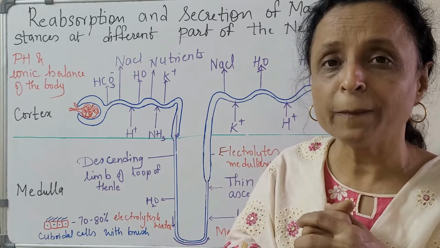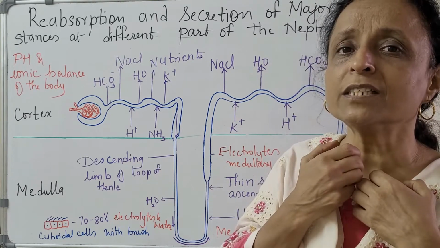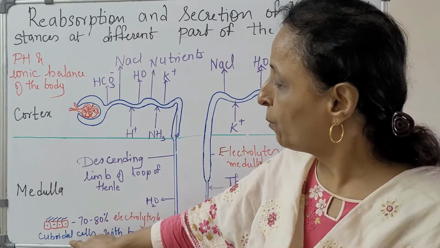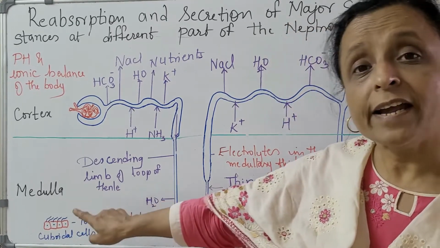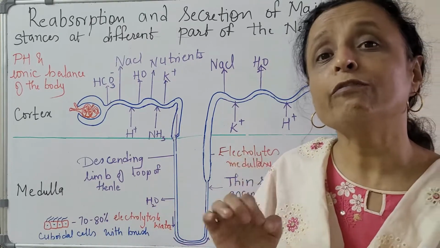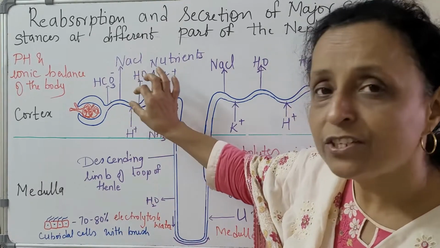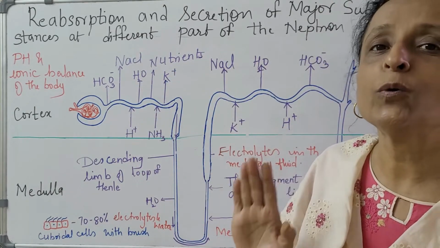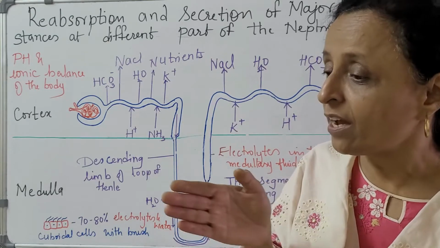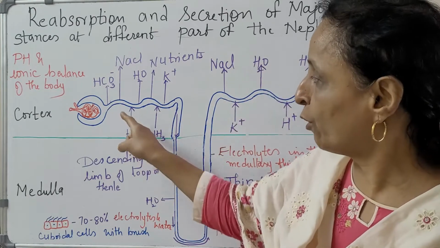Reabsorption has to take place in this area to absorb whatever substance is required. These cuboidal cells absorb 70 to 80% of the electrolytes and the water.